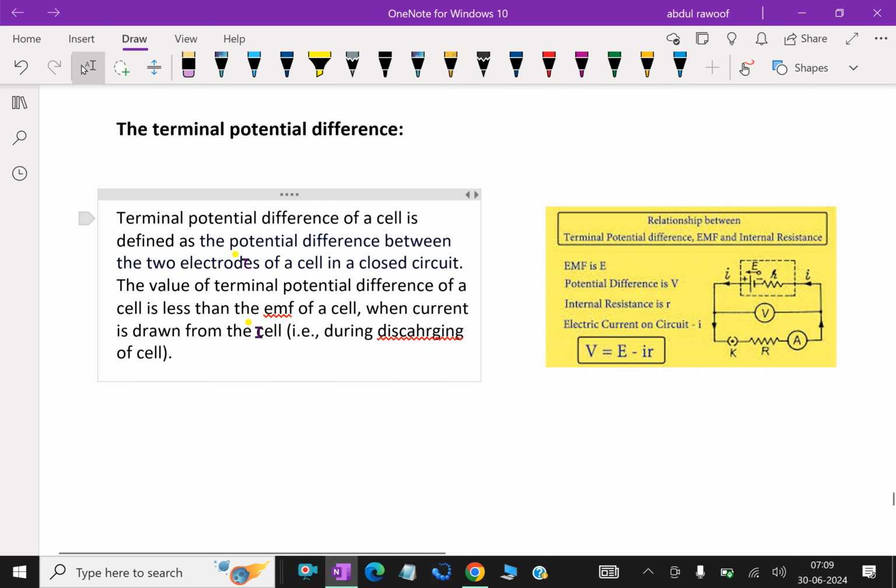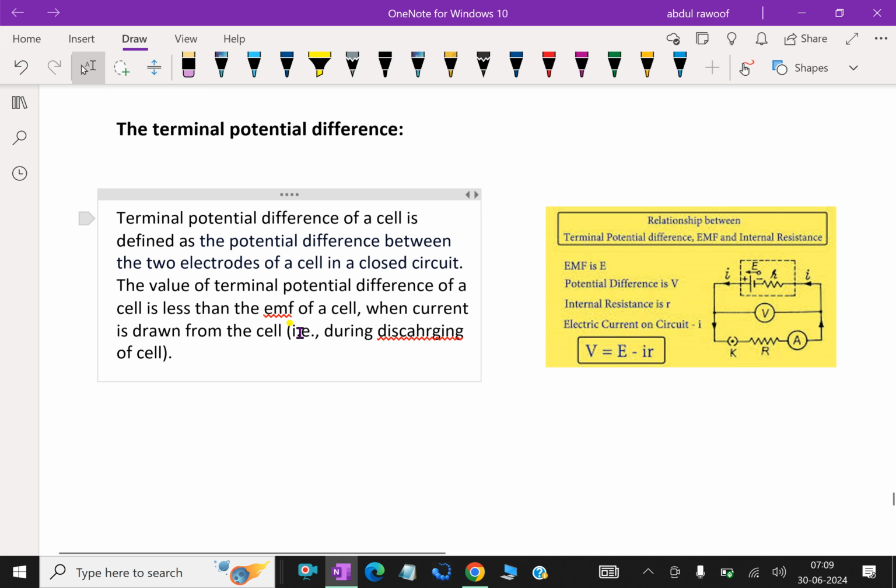Next, what is terminal potential difference? The terminal potential difference of a cell is defined as the potential difference between the two electrodes of a cell in a closed circuit. The value of the terminal potential difference of a cell is less than the EMF of the cell.